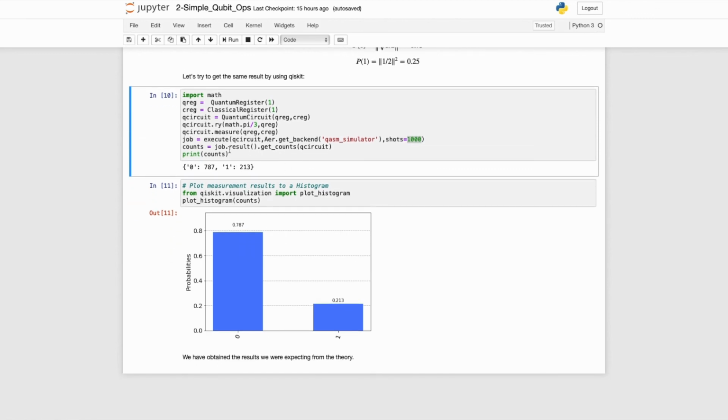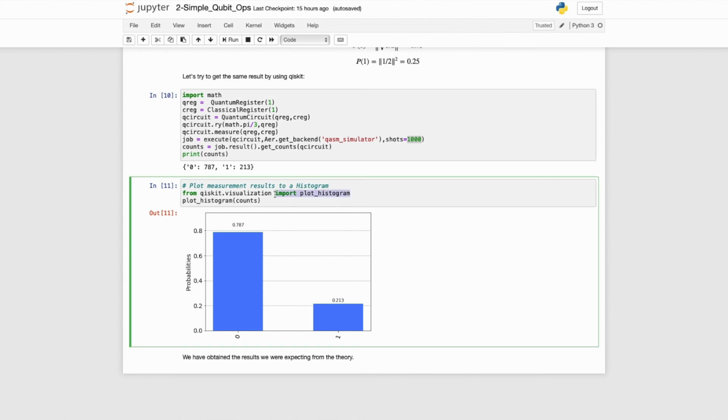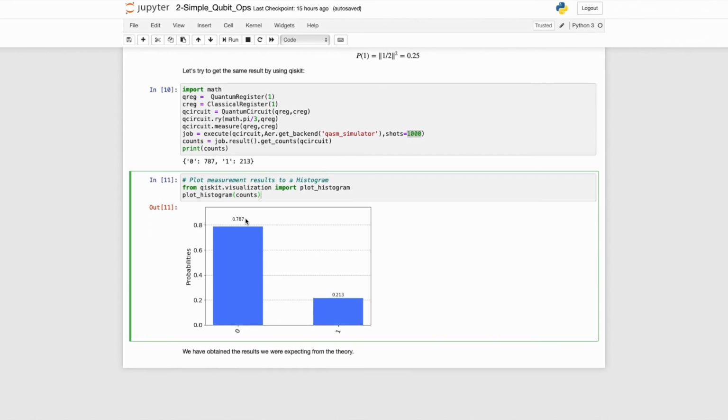We can also show the counts using the visualization tool of Qiskit with this import. And you see here the result we got from this measurement. So here we have 0 with probability 0.787 and 1 with 0.213.